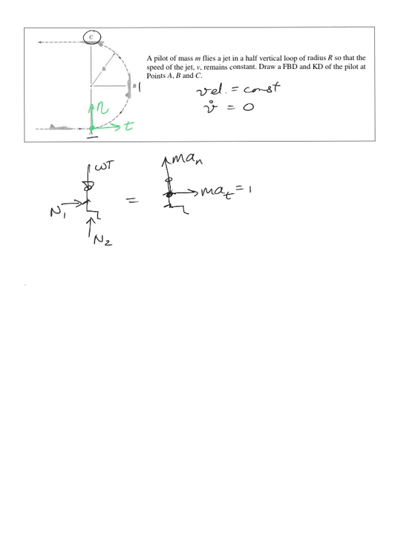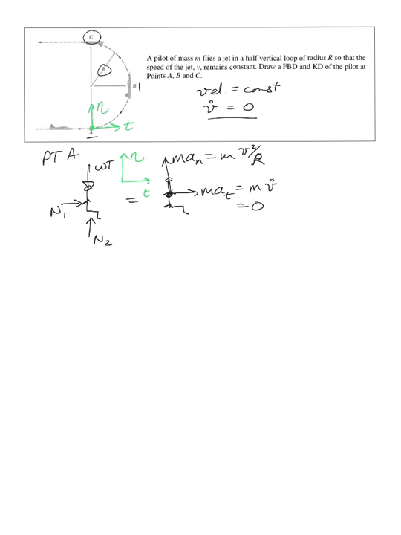We would know that the mass and the tangential is going to be v dot, which we already know because of constant velocity. v dot is equal to 0. And in the vertical direction, we've got velocity squared over rho, which in this case is just r. So I'll just change that to an r right there. All right, so that's at point A. And again, of course, we would put our coordinate system on right there.